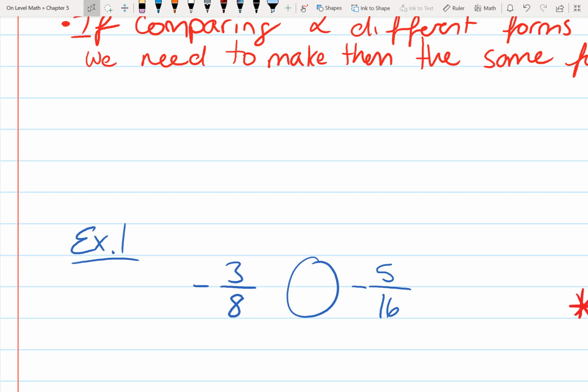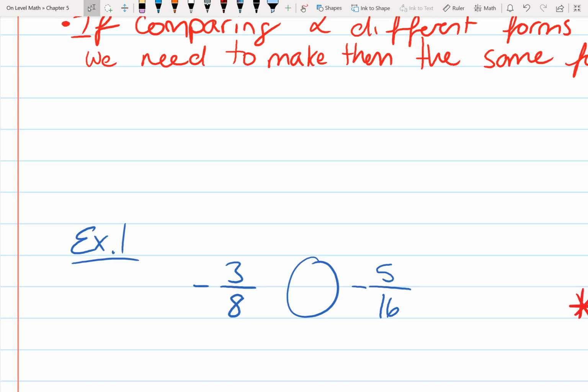Remember, the smaller value is the number that's farthest away from 0 on the number line. The farther away the number is from 0, the smaller the value it has. So keep that in mind, super important.